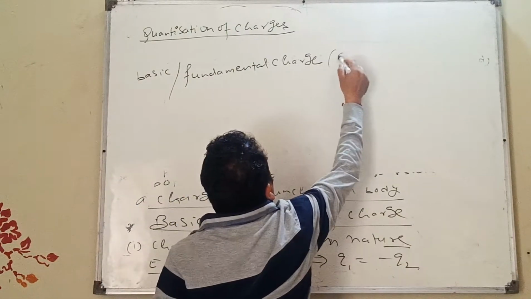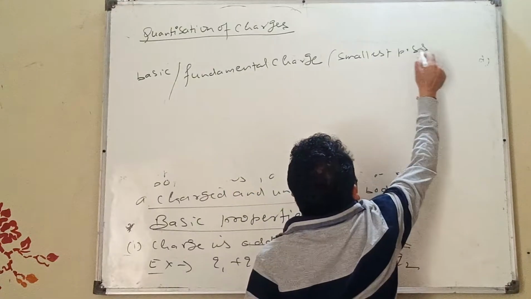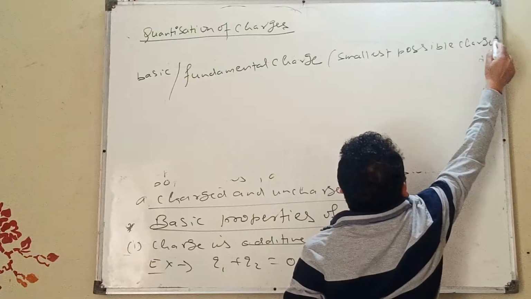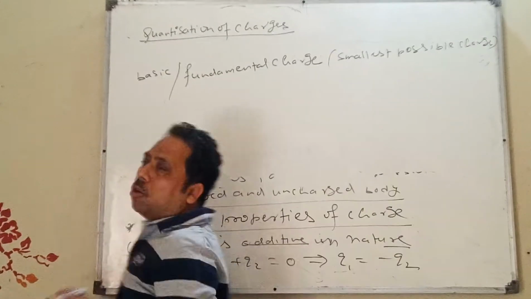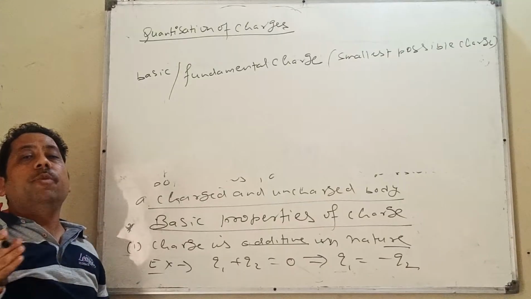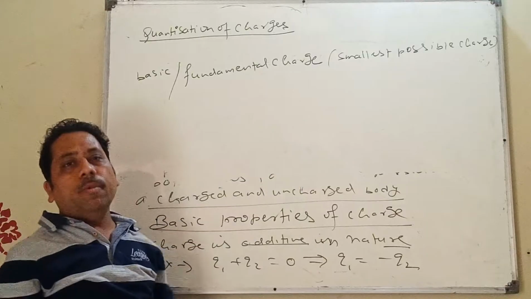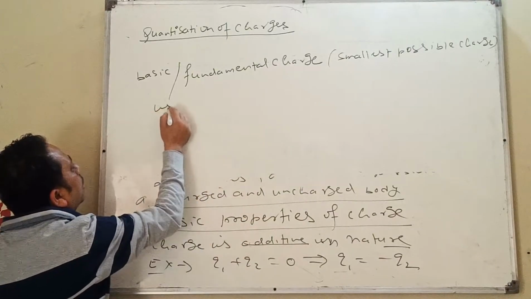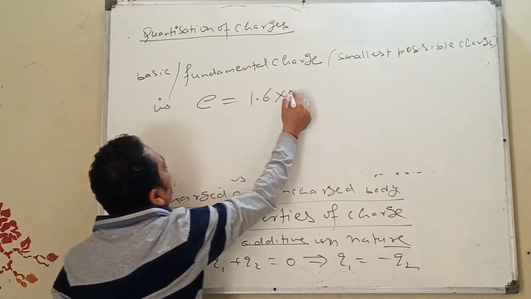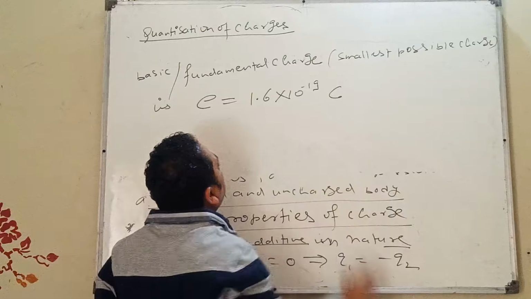It is the smallest possible charge. Fundamental or basic means which cannot be further divided. The smallest possible charge is denoted by e, and its numerical value is 1.6 times 10 raised to the power minus 19 coulomb.